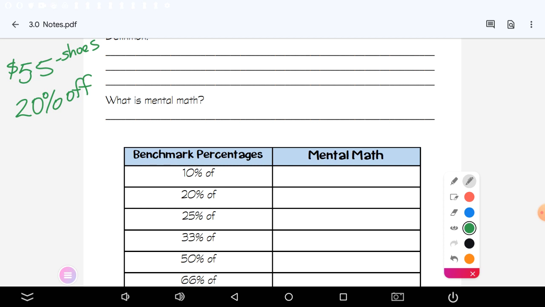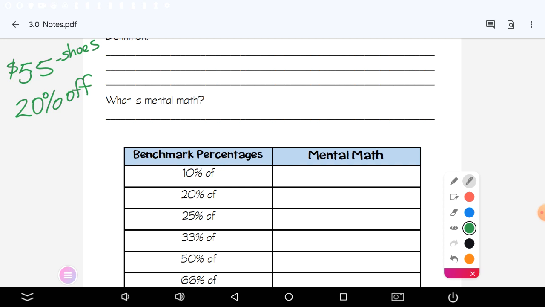If it's 20% off, how much are you actually paying of the original price? Bryce? 44. What percentage? Cooper? Nolan? 80%.